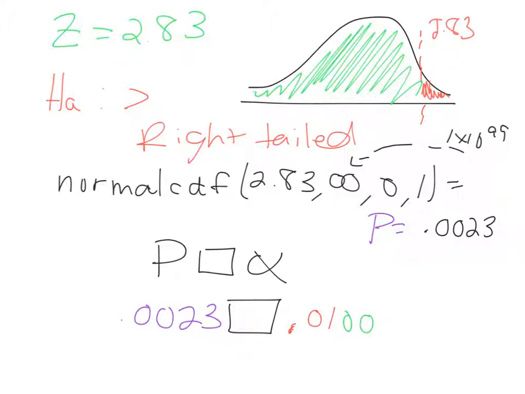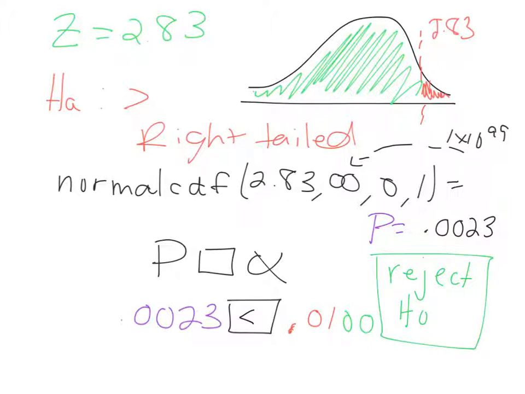In other words, we can see that 100 of something is bigger than 23 of something, so we would accurately use this symbol. So our p-value is less than our level of significance, so because of this, we are going to reject H null.